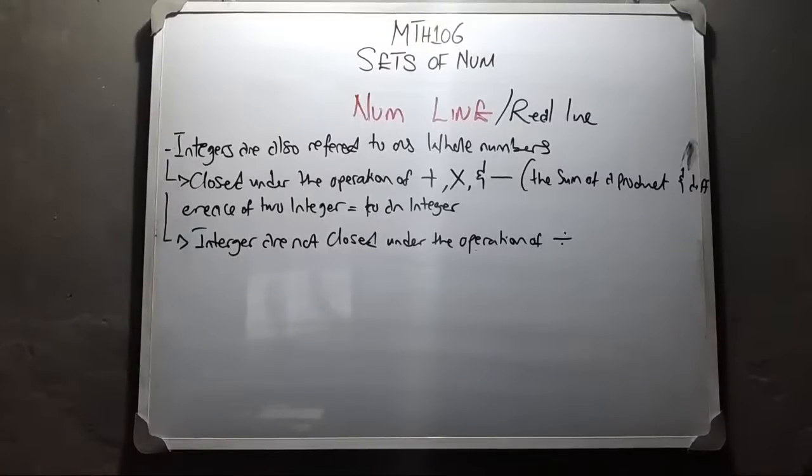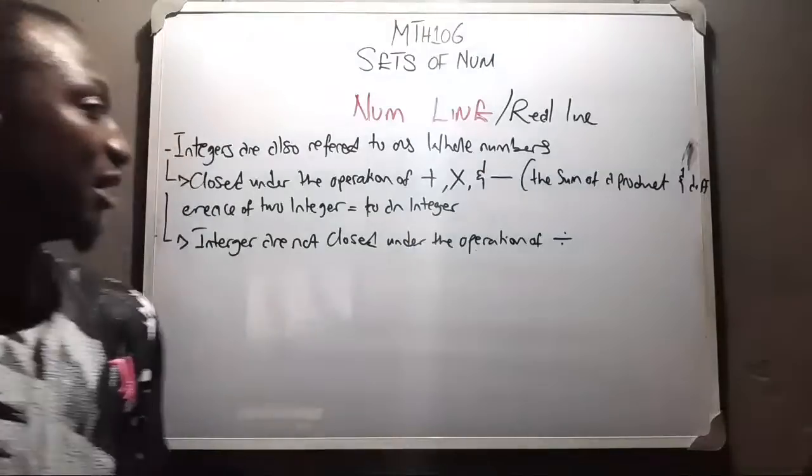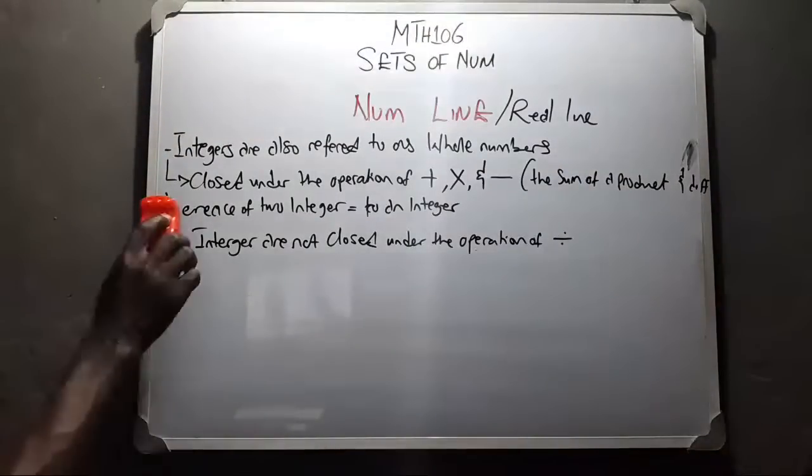Now before I go into rational numbers and the rules, natural numbers, prime numbers, irrational numbers and the likes, let me now draw the number line so we can have a better understanding of what the number line is.